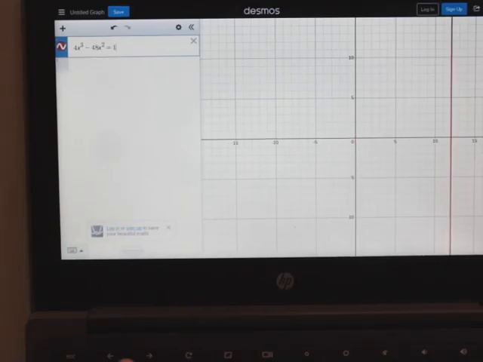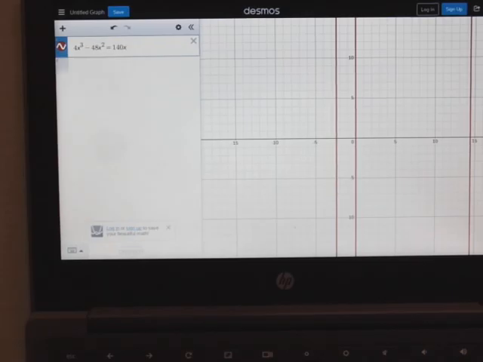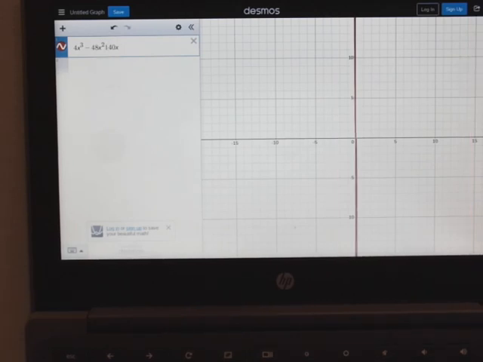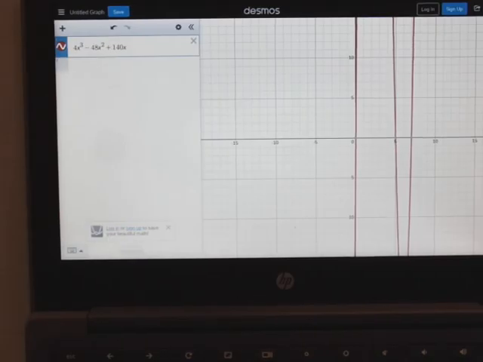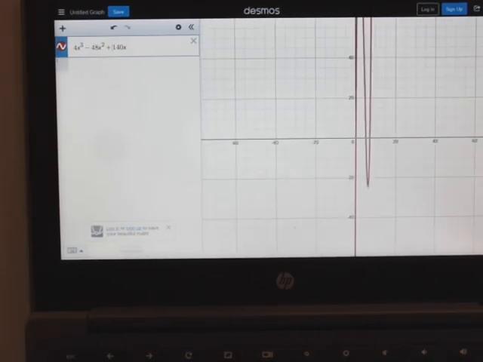Plus 140x. You hit equals. Oh, I did hit equals. That's not what I wanted. Thank you. Good call. Plus. Okay. And kind of like Sam said, we need to zoom out, right?